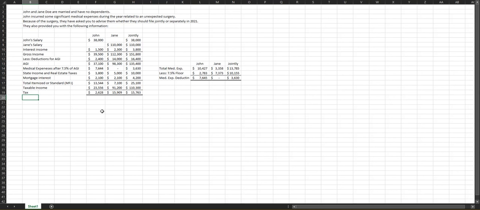And then we need to calculate what is their savings from filing jointly. So their tax filing separately.